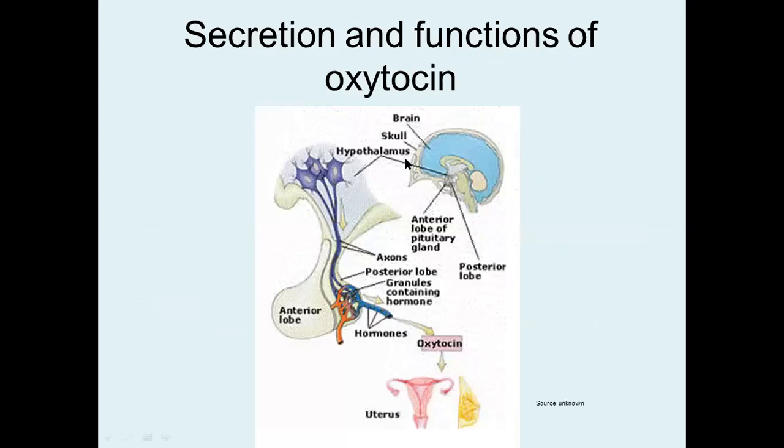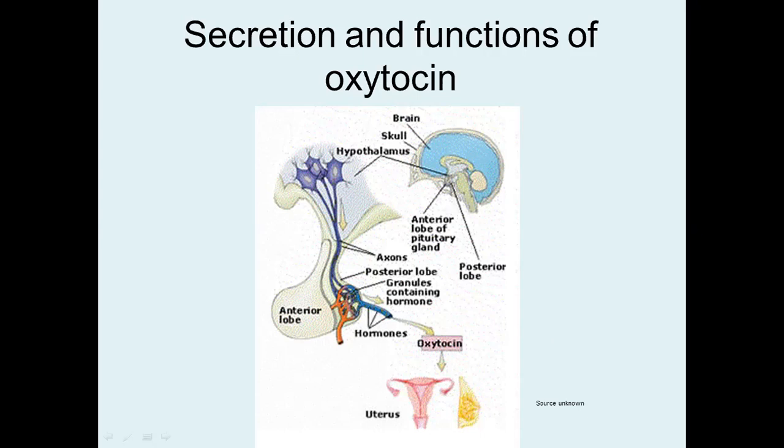Okay, so remember that there's the pituitary gland, which hangs down off the bottom of the hypothalamus, and it's got an anterior lobe, we're not interested in that at the moment, and the posterior lobe, we are interested in that one. The hypothalamus produces oxytocin, which passes down into the posterior lobe of the pituitary gland and is stored there.